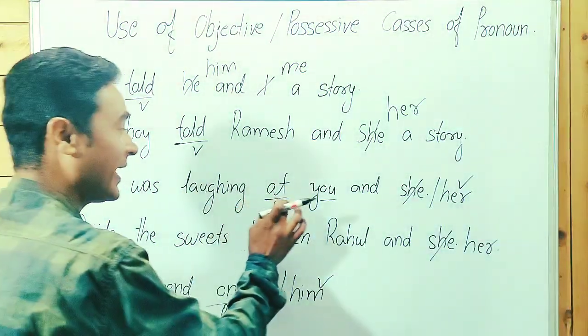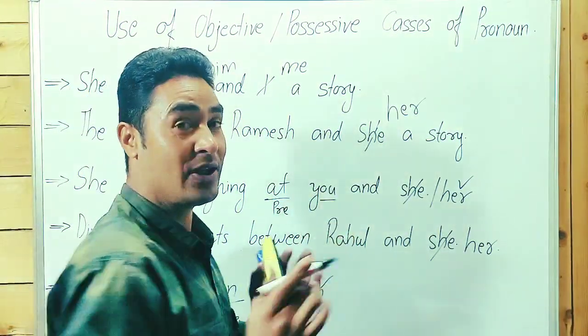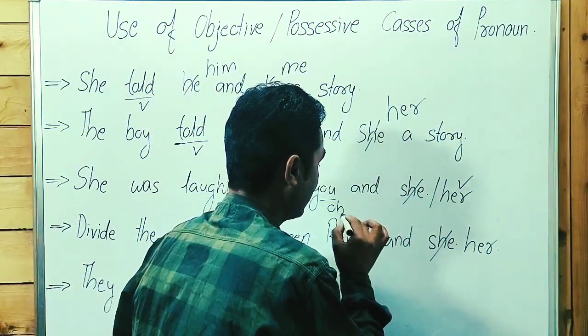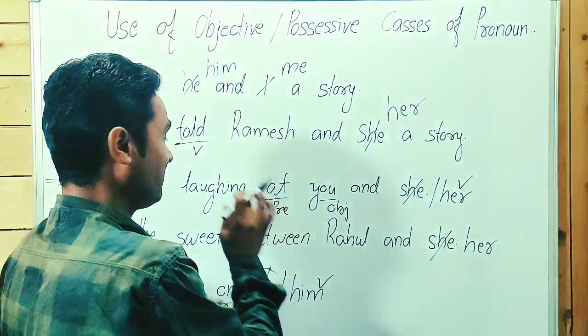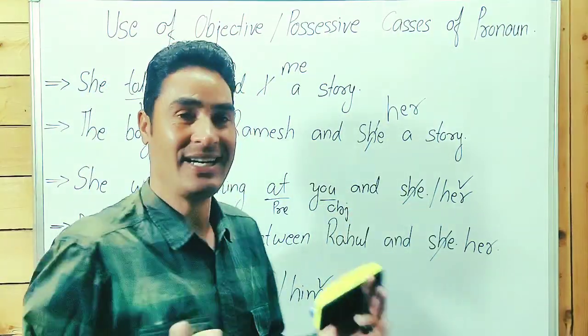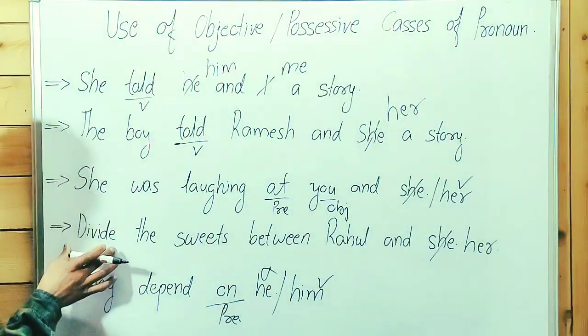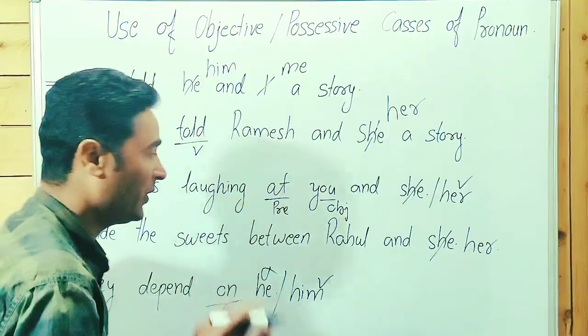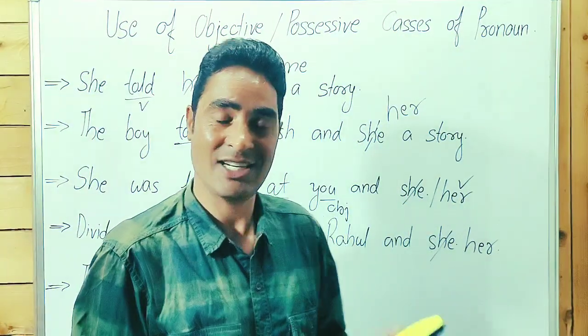She was laughing at you. "At" is a preposition, and "you" is here the objective case. She was laughing at you and her, not she. Divide the sweets between Rahul and her, not she.